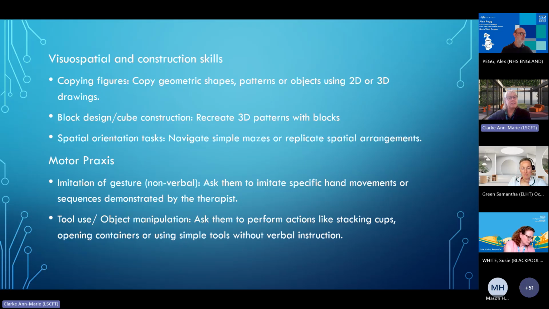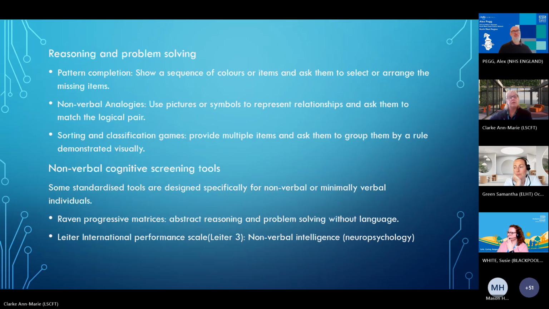Looking at your motor praxis, like I just said before about imitation of gesture, hand movements or sequences demonstrated by the therapist, and then looking at tool use and object manipulation to look at whether there's any form of apraxia there. So things like stacking cups, opening containers, sometimes just giving somebody a pen to try and write their name or make marks on a piece of paper is quite often a good thing to do without verbal instruction.